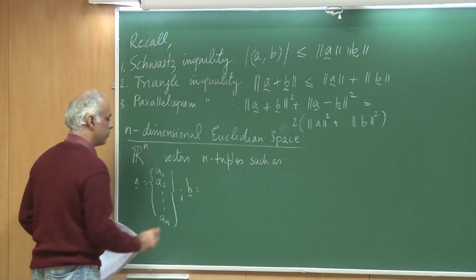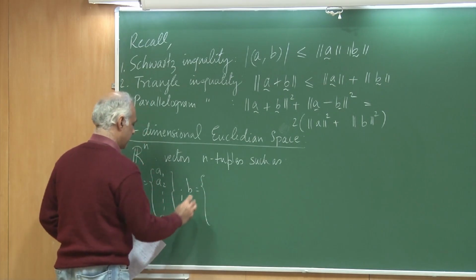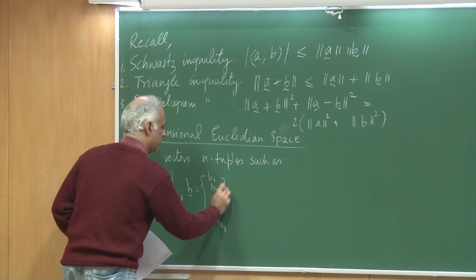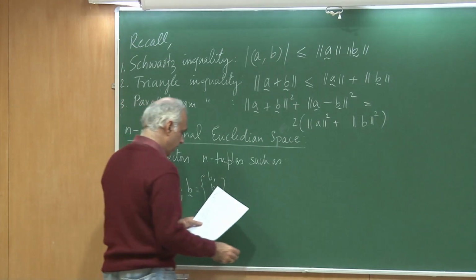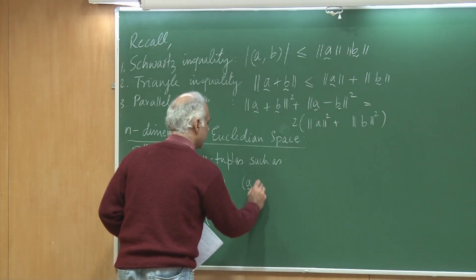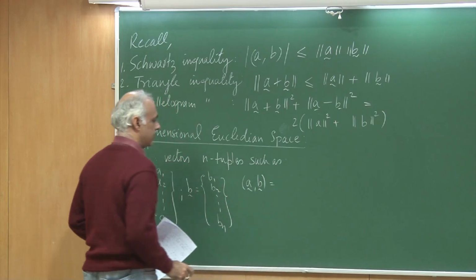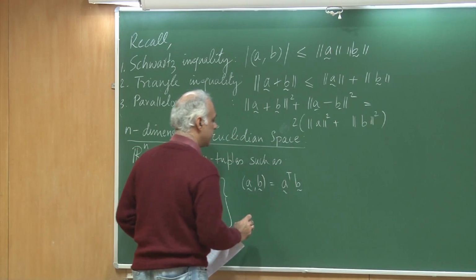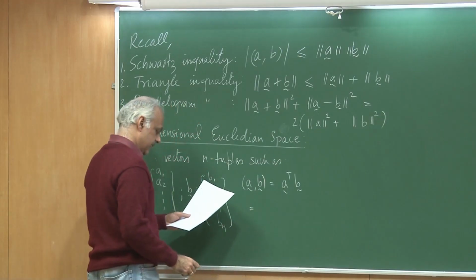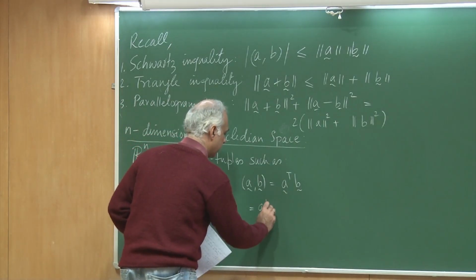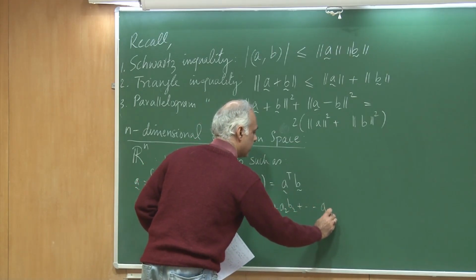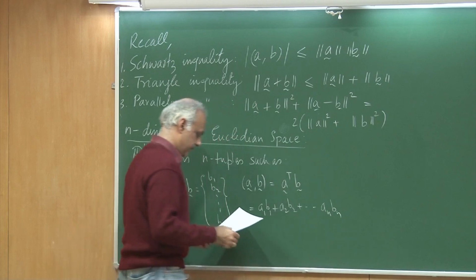Similarly, I would write down B, which is these components B1, B2, Bn. And we are going to talk about their inner product AB, which of course is given as A transpose times B, and we have already seen this is A1 B1 plus A2 B2 all the way to An Bn.